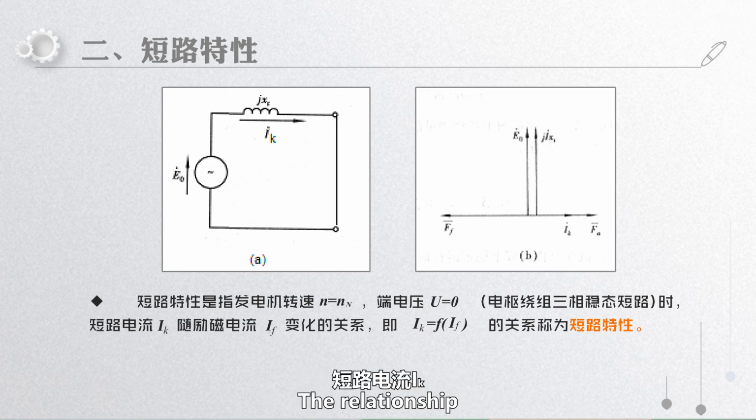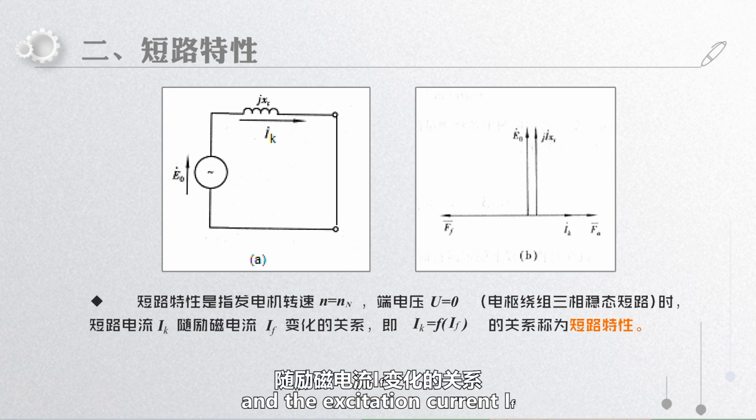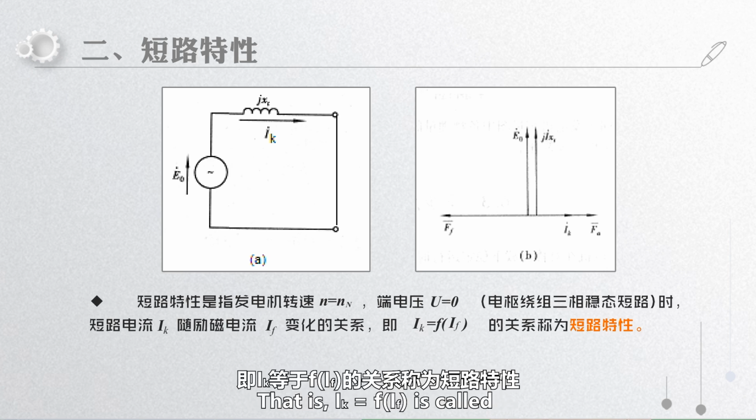The relationship between the short circuit current IK and the excitation current IF, that is, IK equals F of IF, is called the short circuit characteristic.